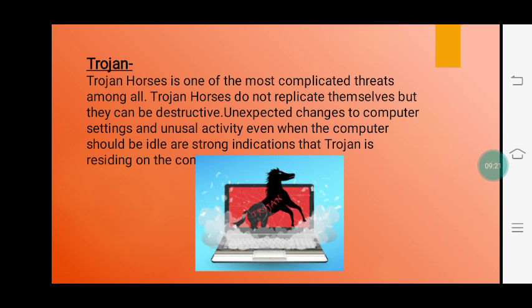So this may be destructive for our computer. We cannot identify when a Trojan horse virus enters our computer. But Trojan horse is the most complicated threat.